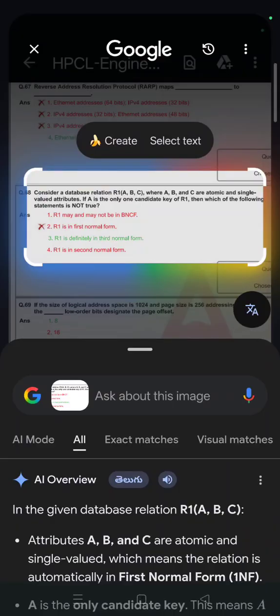Consider a database relation R1(A, B, C) where A, B, C are atomic and single-valued attributes.